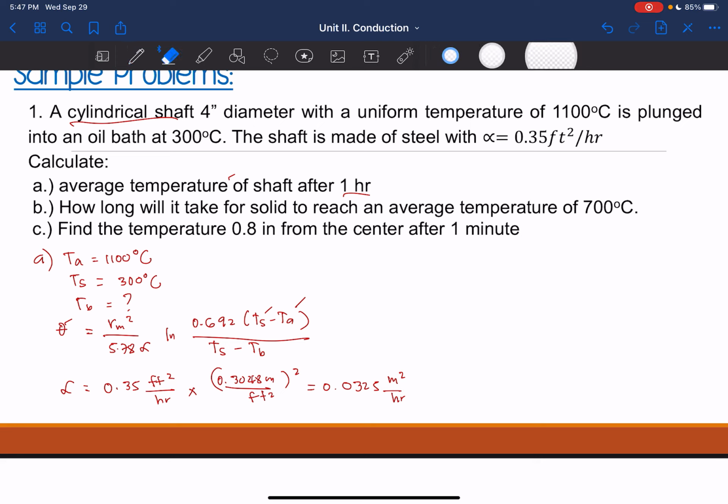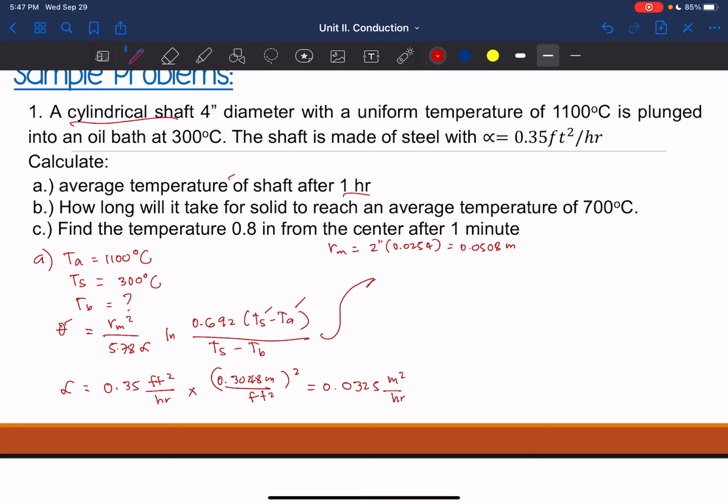So, take note that your Rm also, since you're given 4 inches diameter, ang radius mo is 2 inches, or your Rm would then be 2 inches times 0.0254. So, you get that as 0.0508 meters.